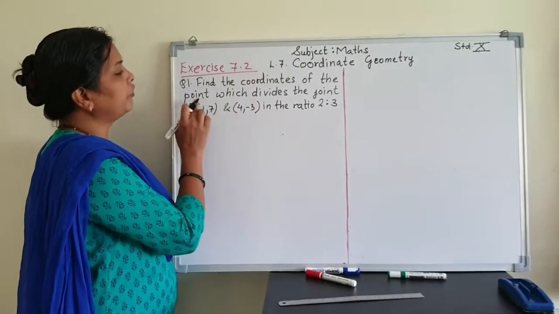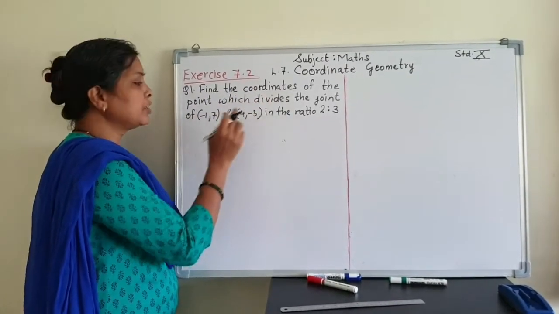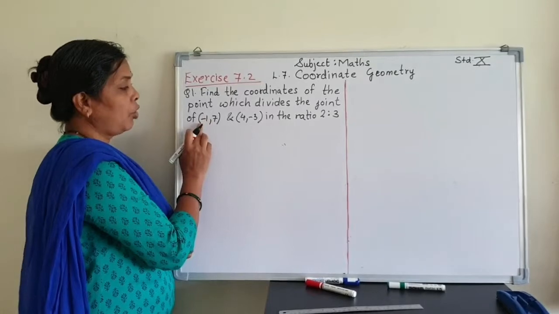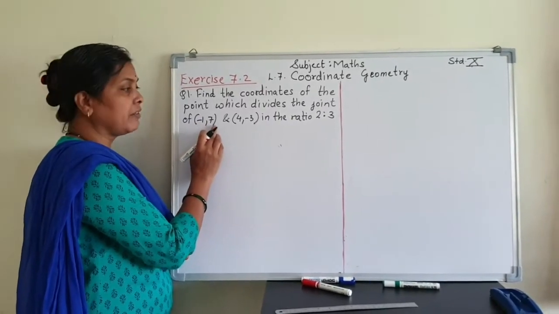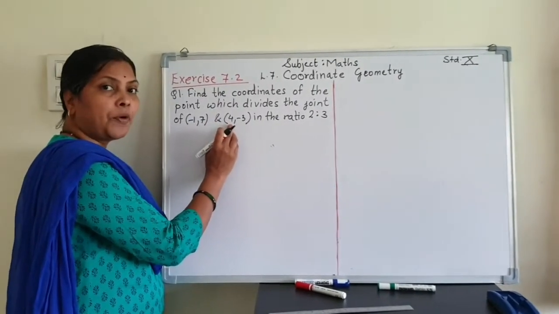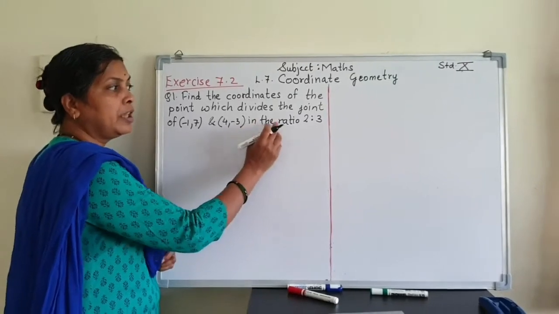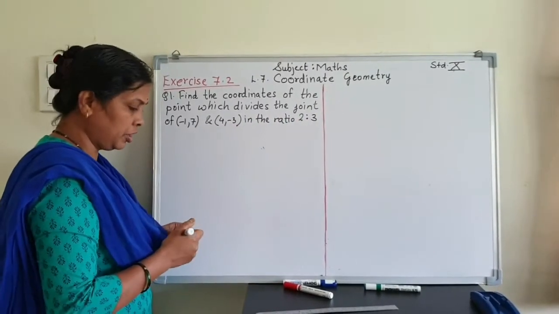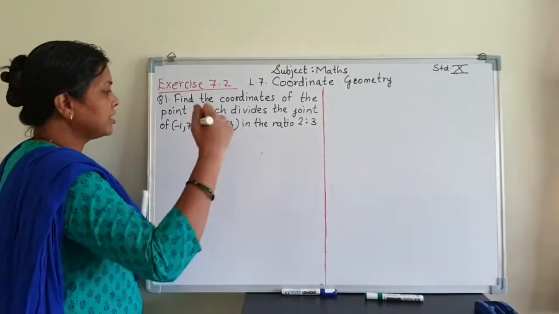Find the coordinates of the point which divides the join of coordinates (-1, 7) and (4, -3) in the ratio 2:3. So here, what have they given us?